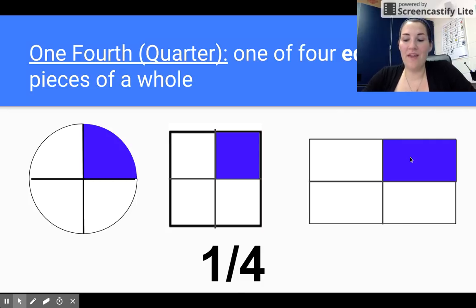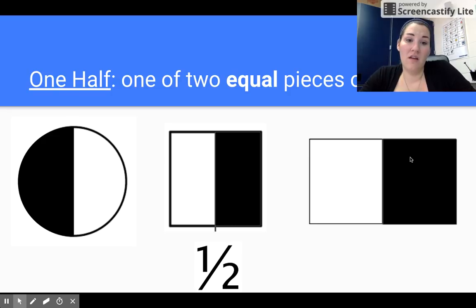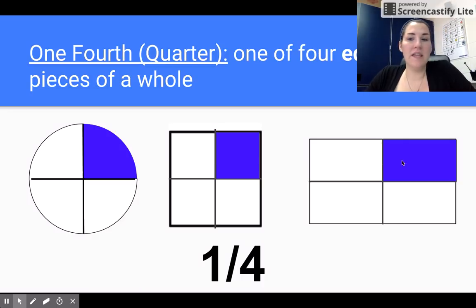Now before, with the halves, I could say that both of those pieces are 1/2. But as I'm looking at this, I can't reverse it with fourths or quarters because 1/4 is shaded in, but 3 out of 4 of the pieces are white. So if I were to describe the white portion of this shape, I would say that 1, 2, 3 of those 4 equal pieces, or 3/4 of the shape, is white.